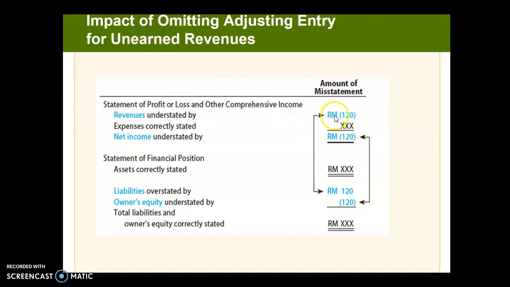It's understated for revenue, and also liabilities are overstated, because unearned revenue is a liability. If we did not record an adjusting entry, we did not get the true picture of the revenue that we should earn.